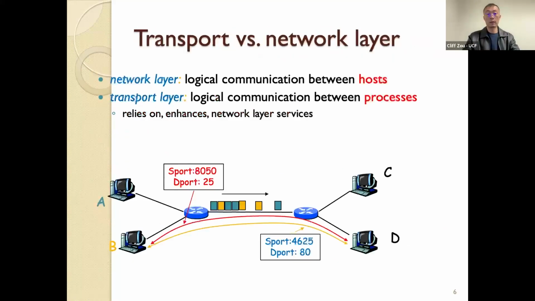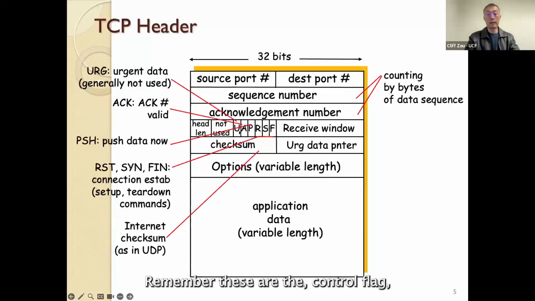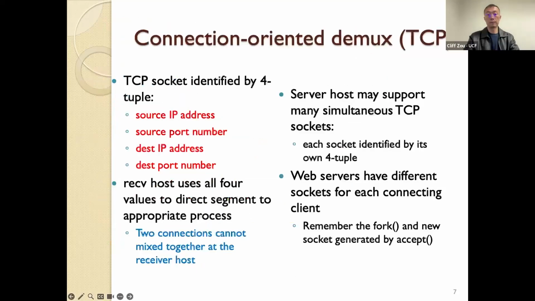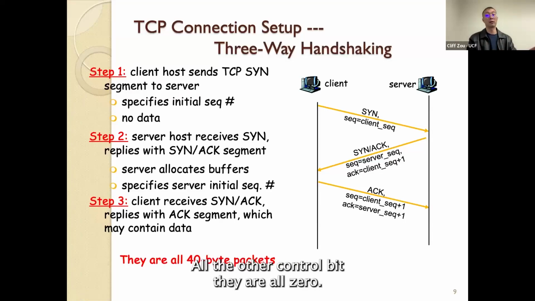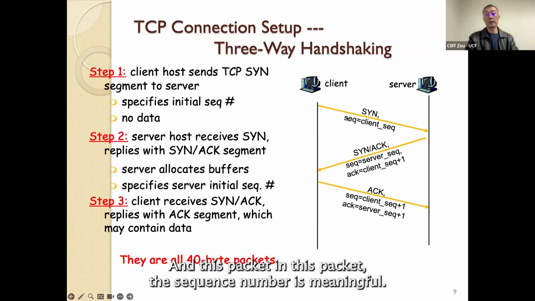Remember, these are the control flags in the TCP header. Each flag is just 1 bit. So this packet has the SYN bit set as 1. All the other control bits are all 0. And in this packet, the sequence number is meaningful.